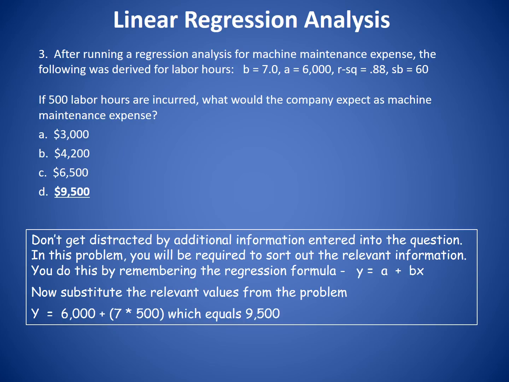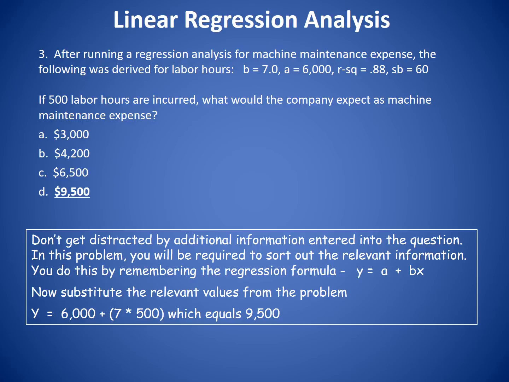Okay, number 3. If 500 labor hours are incurred, what would the company expect as a machine maintenance expense? And the answer in this case is D, $9,500. Now, here's the key to this problem. Don't get distracted by additional information entered in the equation. In this problem, you have to sort out the relevant information.